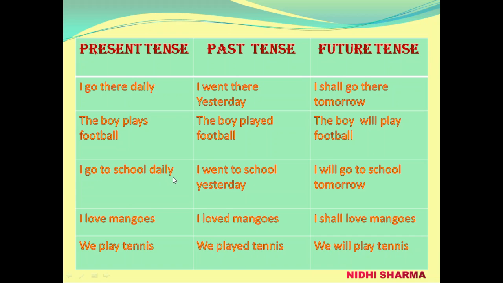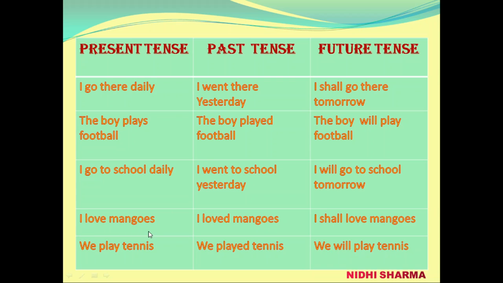I go to school daily. This sentence is in the present tense because the verb is in the first form. I went to school yesterday. Again, went is the second form of verb and the action was done yesterday, so this sentence is the past tense. I will go to school tomorrow. This is future tense.